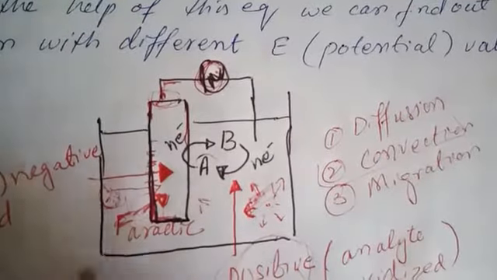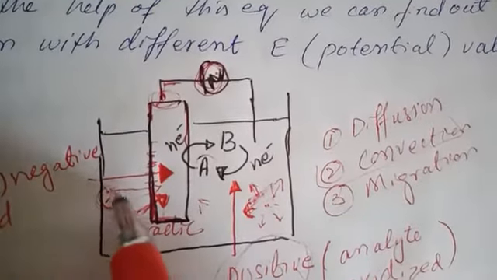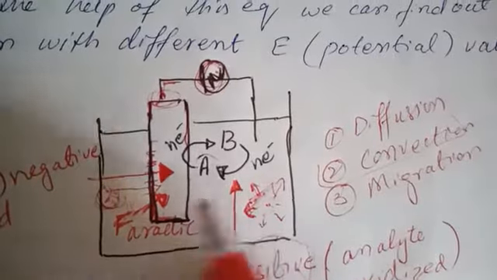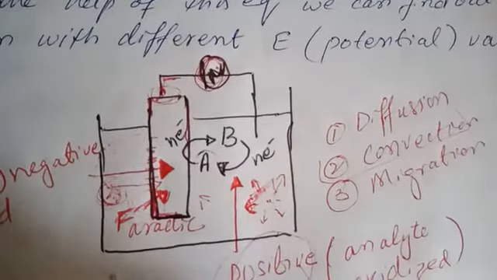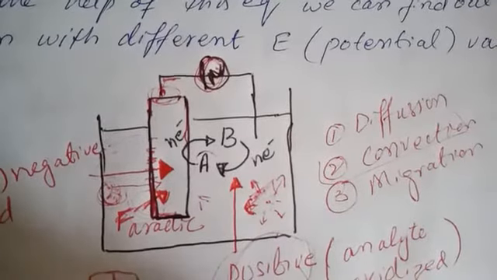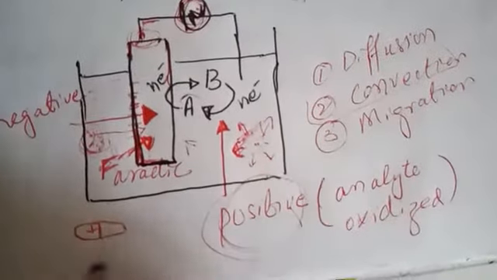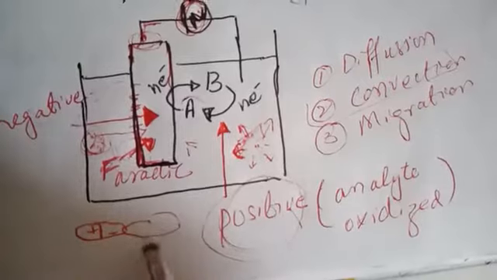This process is known as migration, and this migration of charges can be slowed down by using a high density of supporting electrolyte.